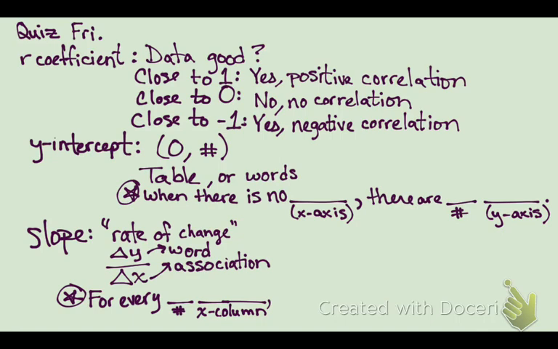If your R coefficient was +1 or closer to +1, then we're going to say increasing by. But if it was a negative coefficient, then we're going to say decreasing by. So we either increase or decrease by a number of whatever you're calling your y column.